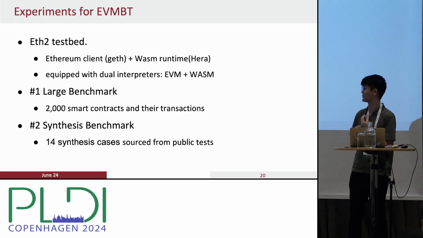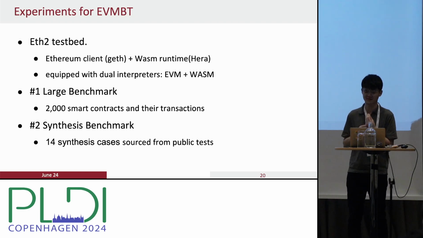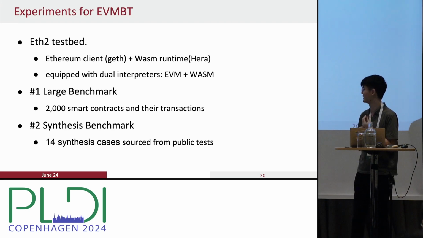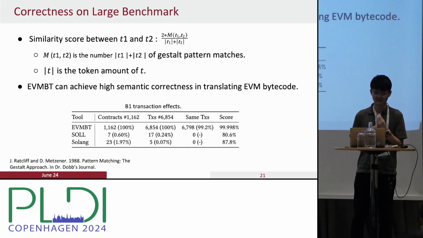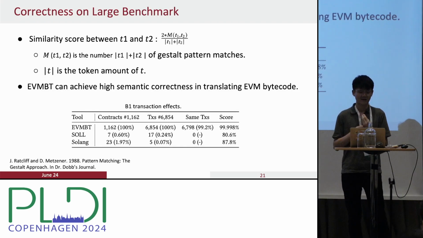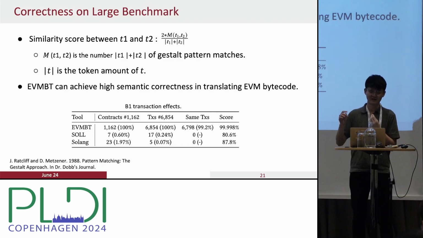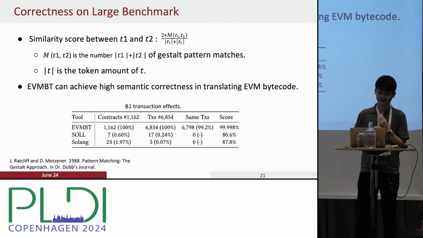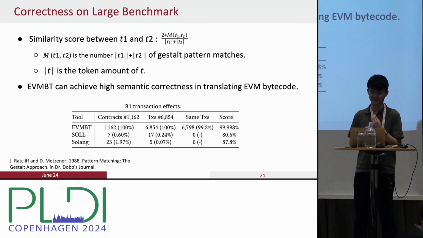And we also collect two kinds of benchmarks. One is the large benchmark, which consists of 2,000 smart contracts and their transactions. Another is the synthetic benchmark. In the large benchmark, we found that when we replay the smart contracts on the EVM and the WASM on our testbed, the similarity score of the EVM traces and the WASM traces is almost 100%.